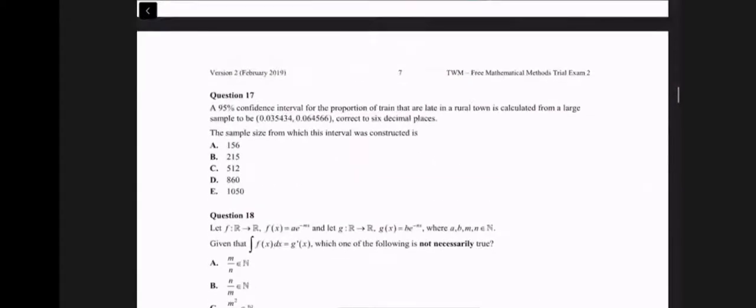So question 17, sample size. We know the equation to find the confidence interval is p hat minus the z value times the square root of p(1 minus p) on n, and then plus the same thing. 1.96 is for the 95% one. If we're going to find the sample size, we can choose either the upper bound or the lower one and just equate it, but we do need to know p.